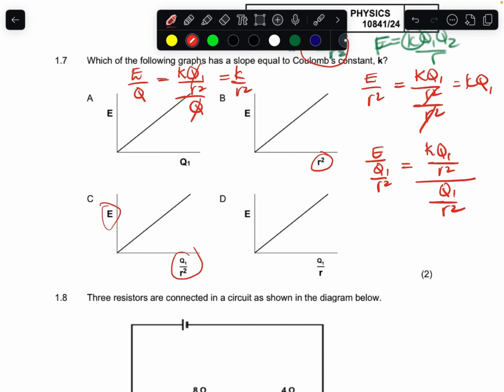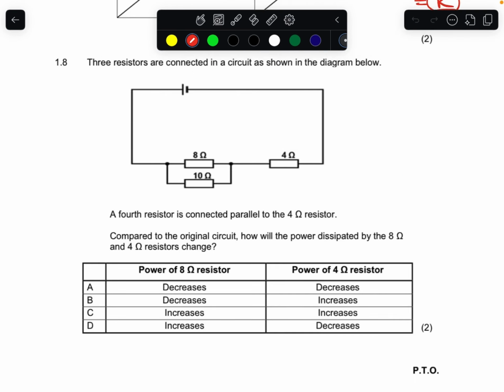So these two are going to cancel, and then we're going to be left with K there. If you invert to change the division into multiplication, those two are going to cancel. So we have the K. So that simply means that D is an incorrect option. So the correct option here is C, guys. We get K.